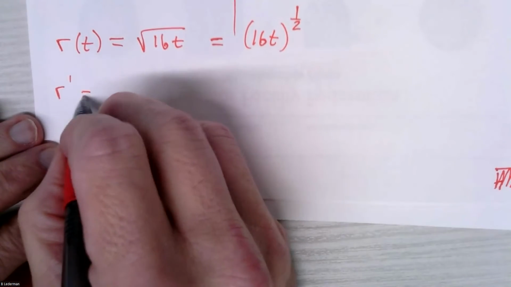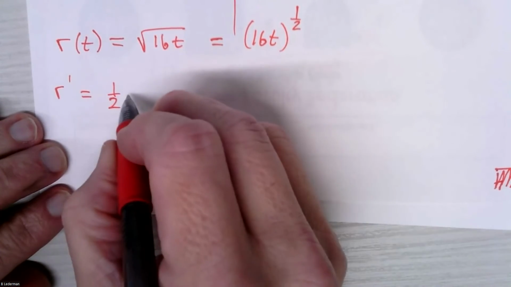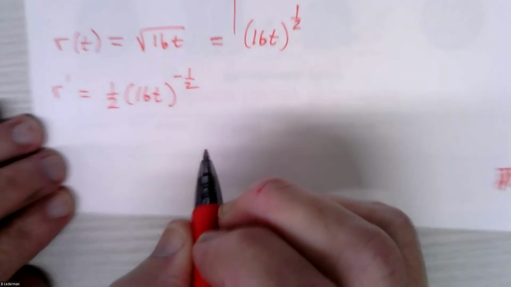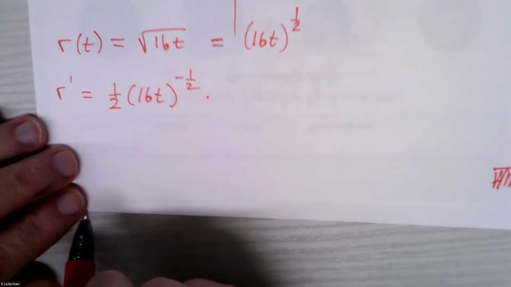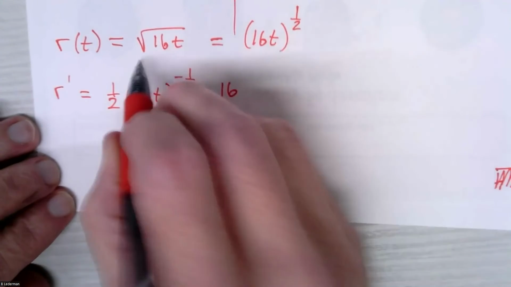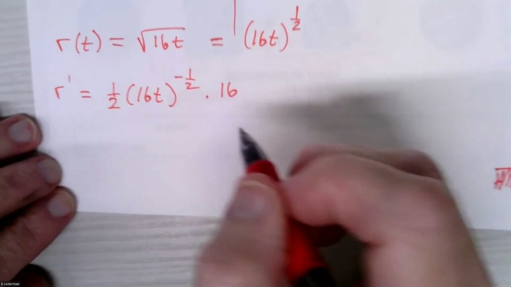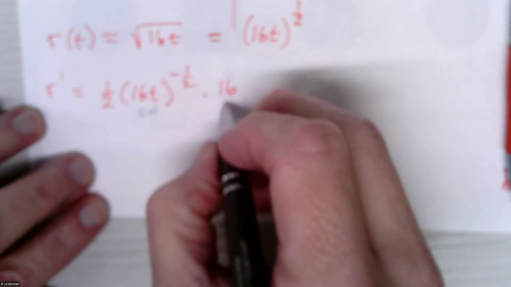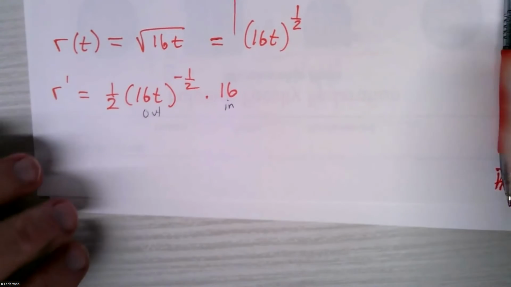Now, R prime is going to be equal to 1/2 (16t) to the negative 1/2 power, times the inner derivative, which is 16. Because the square root function is my outer derivative, the 16t is the inner. So again, that's my outer, that's my inner, that's my outer derivative, that's my inner derivative.